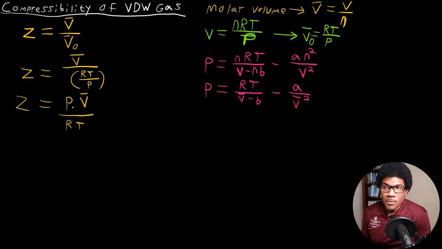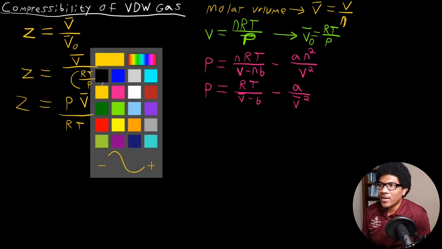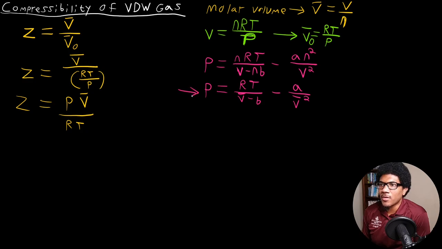If we want to get the compression factor for the van der Waals gas, all we have to do is take this pressure equation that we already have for the van der Waals equation, multiply by V bar, and divide by RT, and that gives us our compression factor. So first, if we multiply by V bar, we end up with RT V bar over V bar minus b, minus a over V bar.